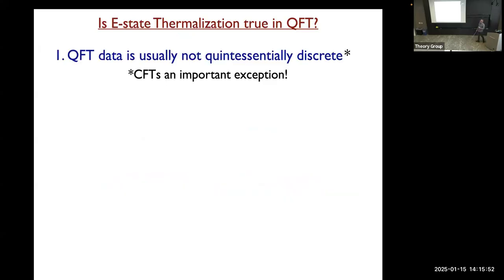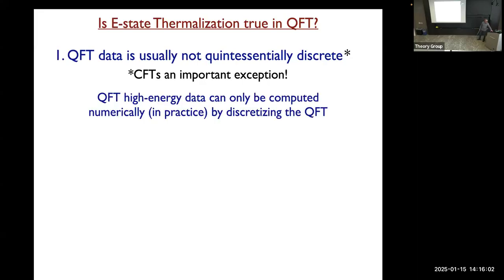I mean, first of all, QFT data is not usually quintessentially discrete, except for CFTs. That's an important exception, which is very interesting. And this high energy data can only be computed numerically by discretizing the QFT in some way, right?